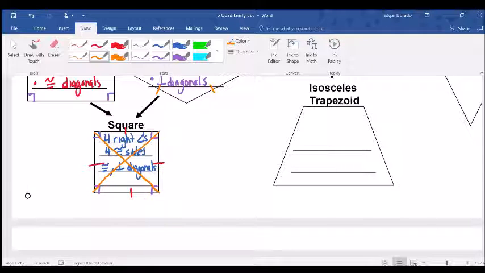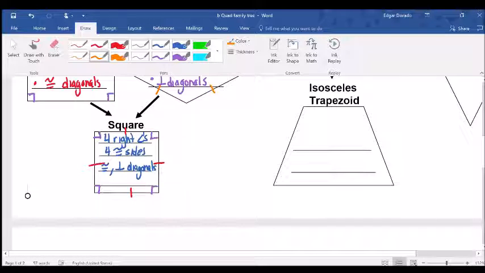Not only that, they create a 90-degree angle here. So they are perpendicular and they are congruent. Let's go ahead and erase this. And that is squares, guys.